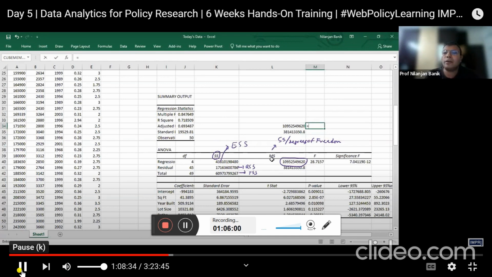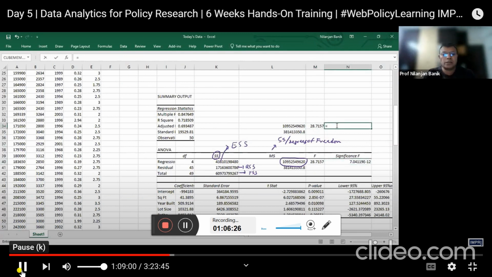And then F, by the way, these two are following a chi-square distribution. If I take the ratio of these two, what I get is what you see over here as the F test. So this is the value of the F test, 28.71. You are also getting 28.71. Now, this F test statistic is highly significant. How do I know that?